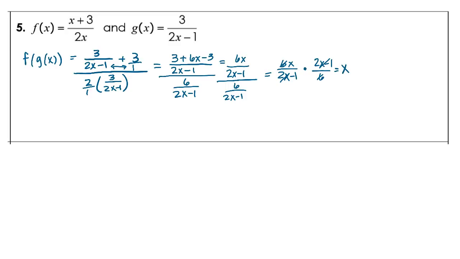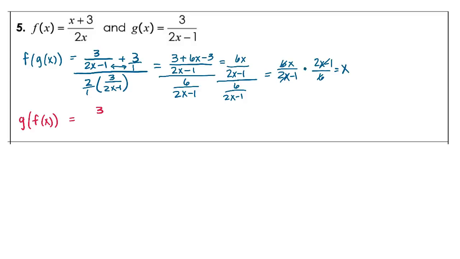So let's go over and look at the other direction now. So we need to do, and I'm going to change color so these don't overlap, g of f at x. So now we're plugging f of x into g of x.